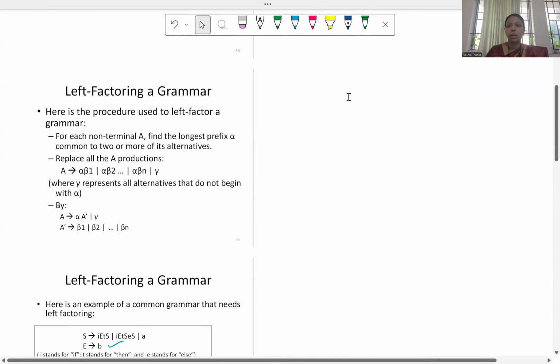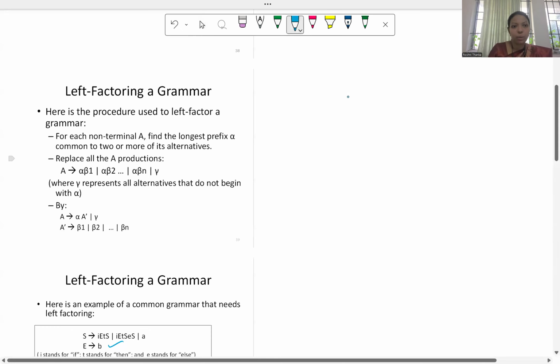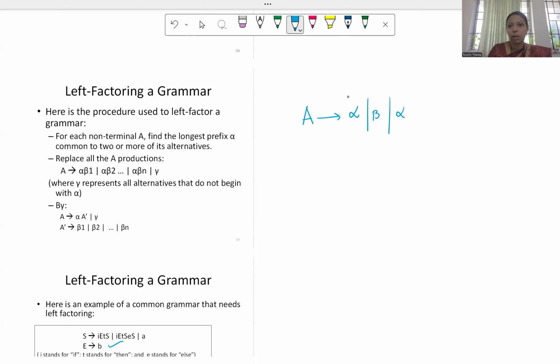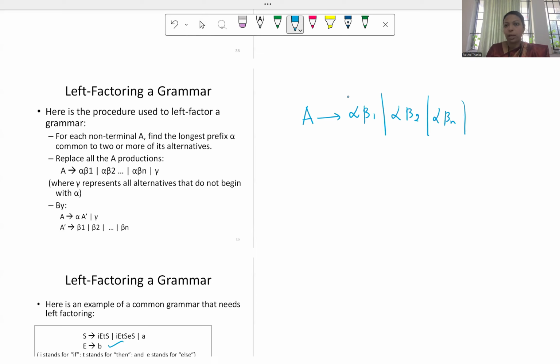To remove left factoring, we have a rule. For example, let me write it. If you have a production A going to alpha beta 1, alpha beta 2, up to alpha beta n, and then gamma.